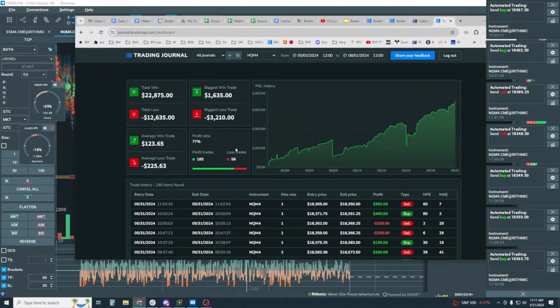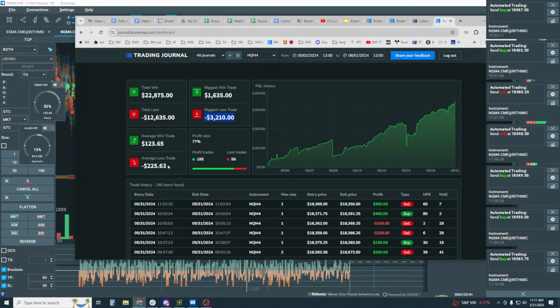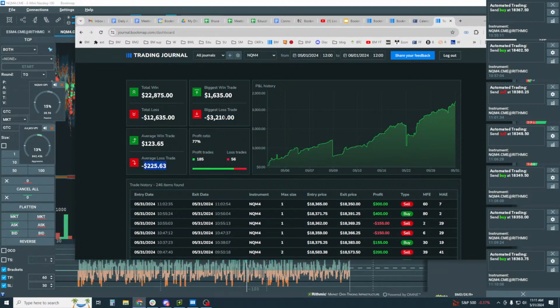Okay, so anyway, you can see like actually the data in here, this average loss trade here is really skewed by this big loss here. Okay, that's going to really bump this number up. If I could, I'll talk to the developers. Maybe you can take out your biggest winner and biggest loser, or ones that are skewing your data quite a bit, okay?